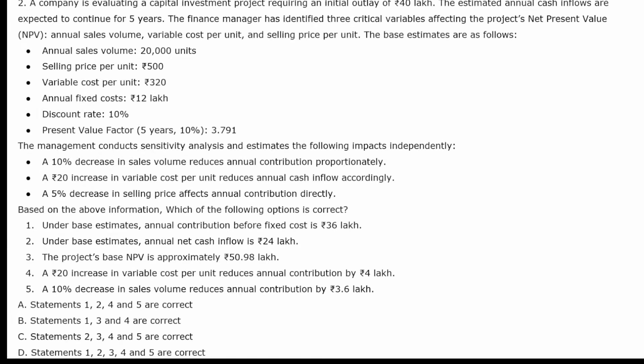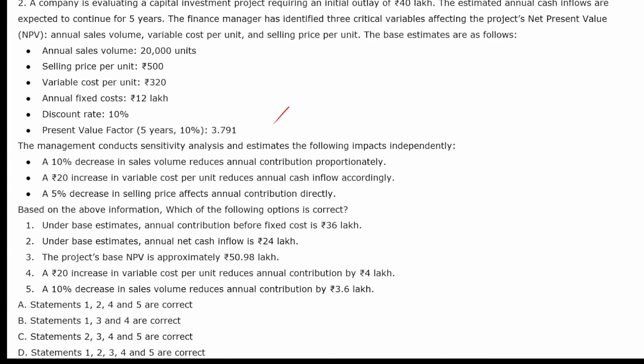Next question is, a company is evaluating a capital investment project requiring an initial outlay of 40 lakh rupees. The estimated annual cash flows are expected to continue for 5 years.